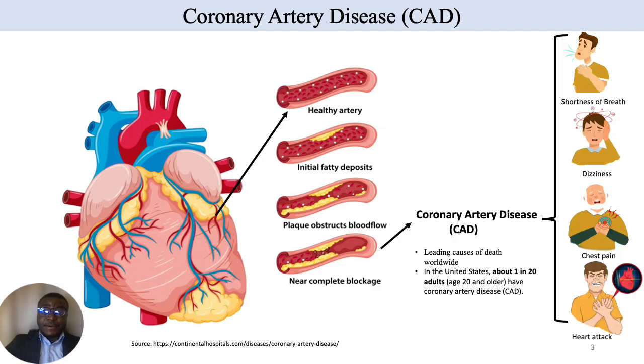The blockage causes shortness of breath, chest pain, irregular heartbeat, and, in the worst case, heart attack. Coronary artery disease is the third leading cause of death worldwide, and in the United States about 1 in 20 adults have it. Similarly, it accounts for approximately 6,000 deaths annually in the United States, which makes this disease the leading cause of death in the country.